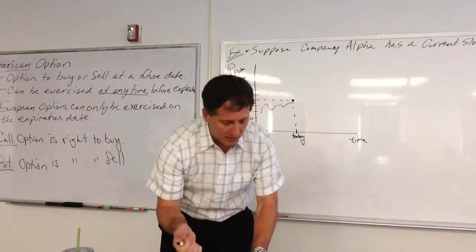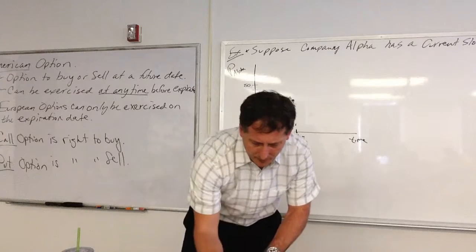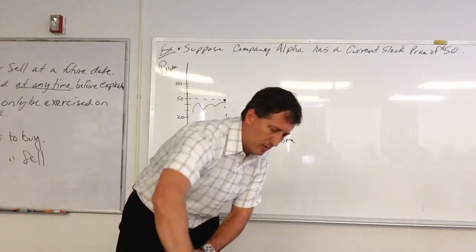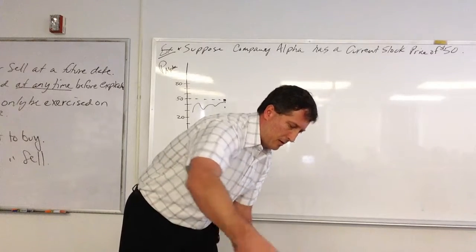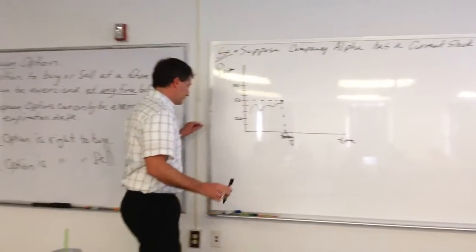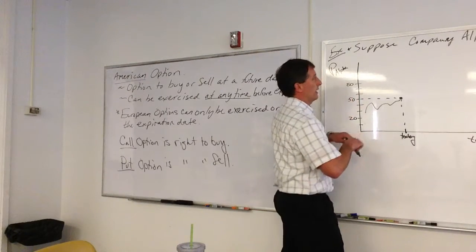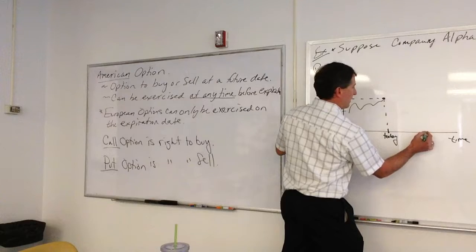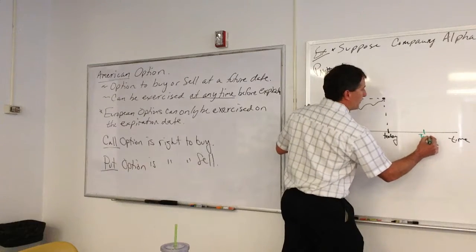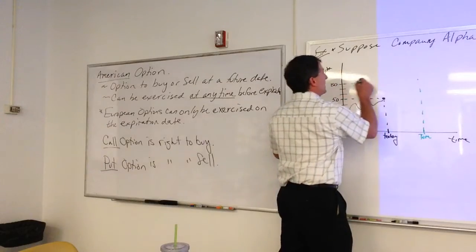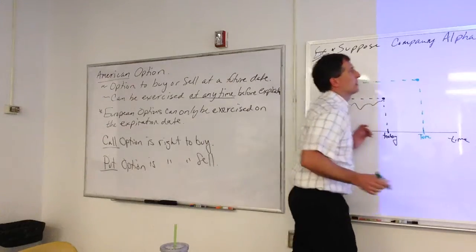So suppose there's, of course, some uncertainty with where this thing's going. And we're going to try to hedge that for tomorrow. And maybe it'll end up at 80.